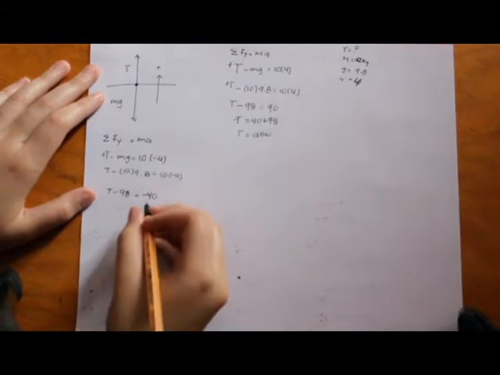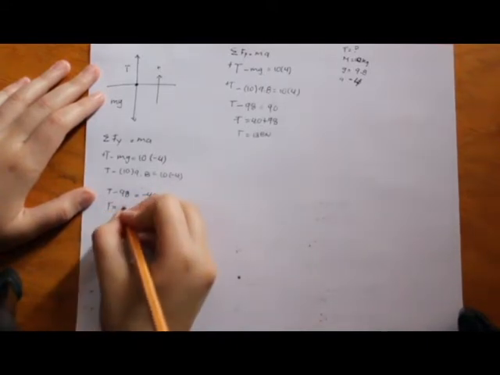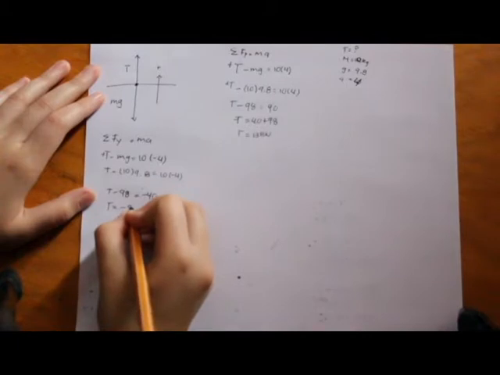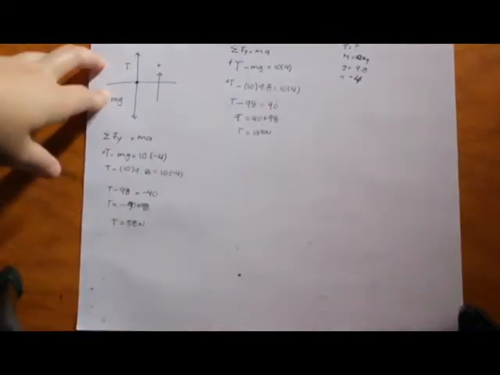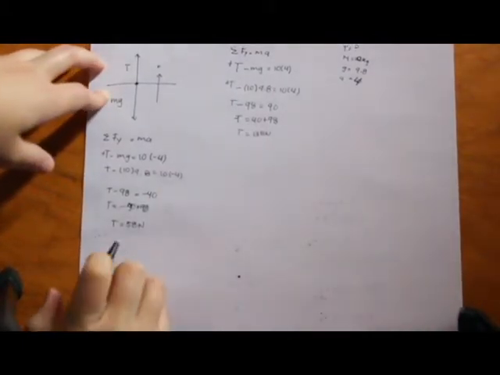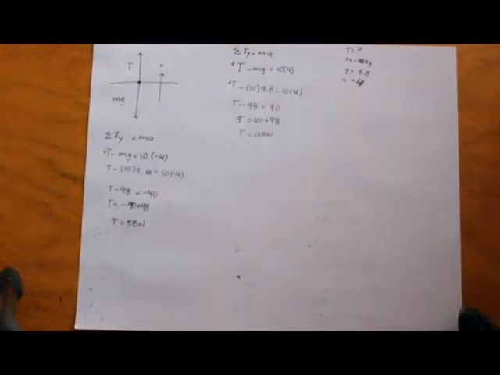Now it's negative 40. Tension minus 98 equals negative 40, so tension equals 58 newtons. Thus, when the acceleration is going down, the rope is less stressed than when it is at rest.